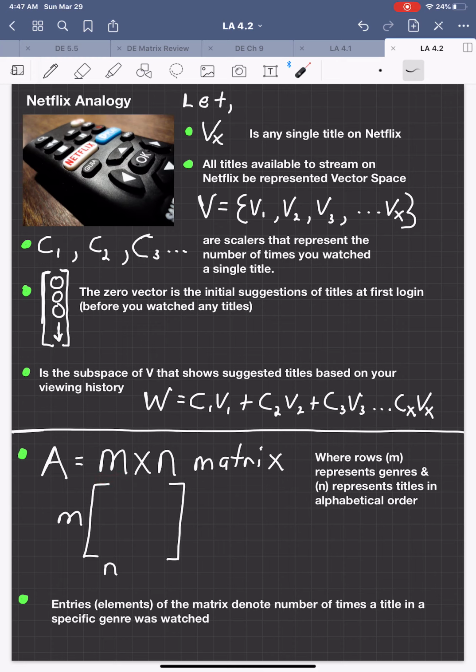And we'll say that m, that would be the rows, is going to represent genres, so drama, action, etc. And we'll say n is going to represent each title, or just titles in alphabetical order, maybe.